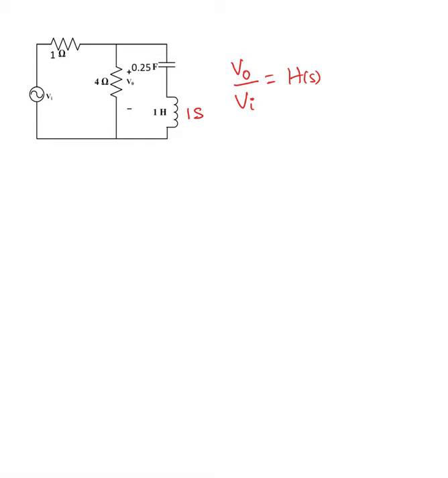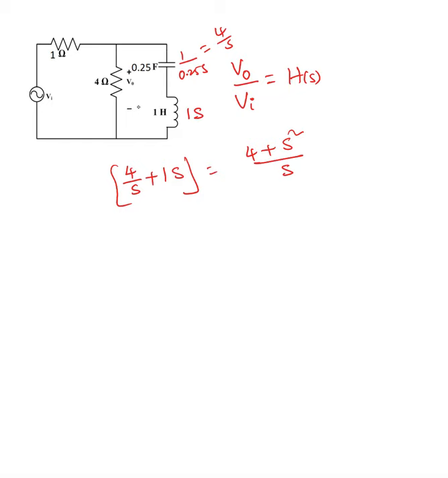This is 1 over 0.25 S, which is 4 over S. Now 4 over S and 1 S are in series, so it's 4 over S plus 1 S, which is 4 plus S square over S. My S looks like 5, so don't get confused.